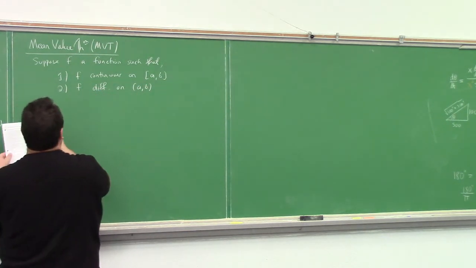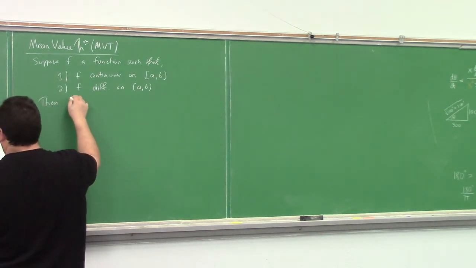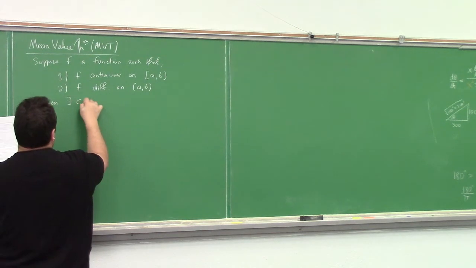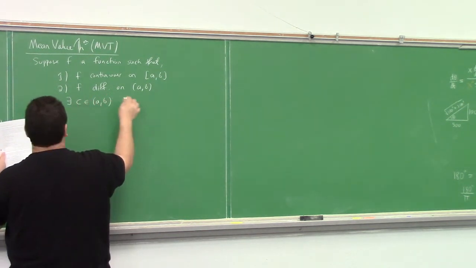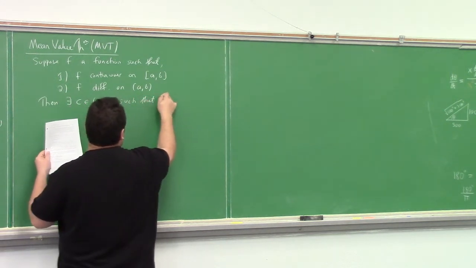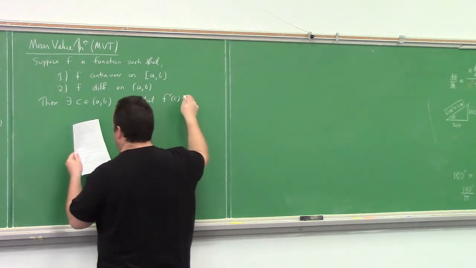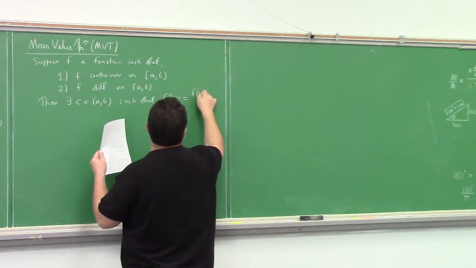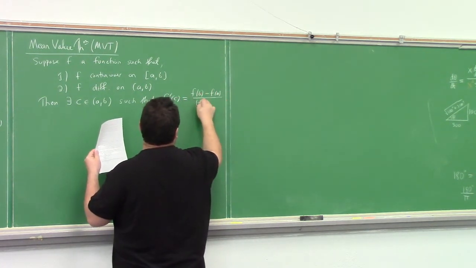Oh, there's number three. And then there exists C in the open interval from A to B such that f prime of C is equal to f of B minus f of A divided by B minus A.